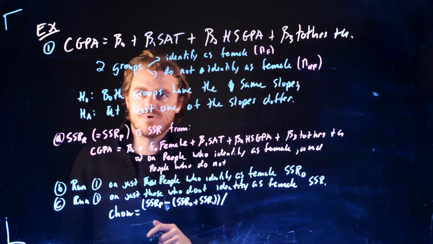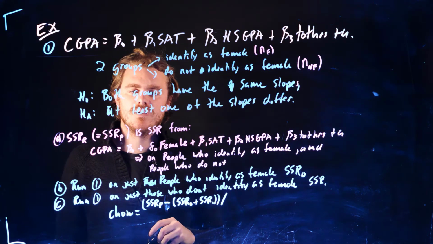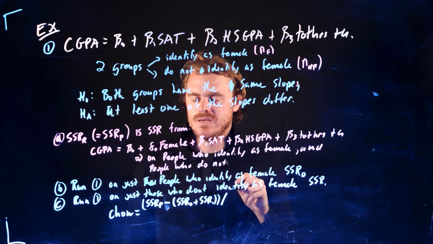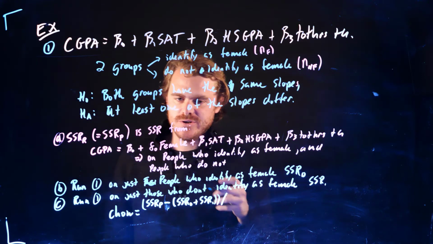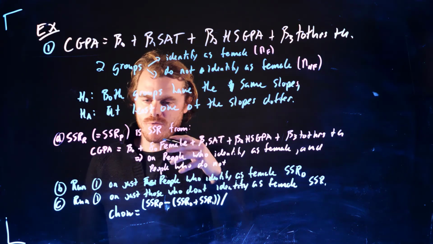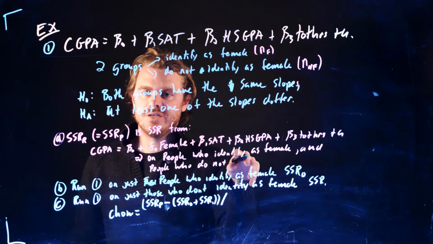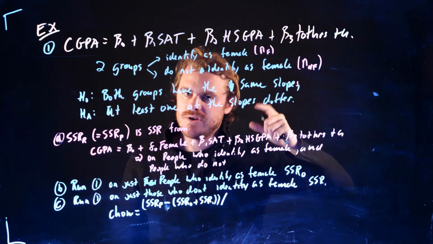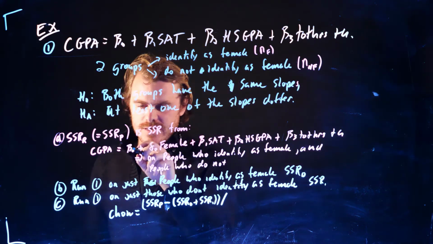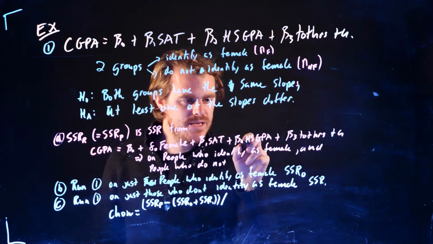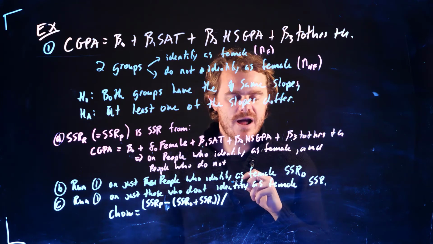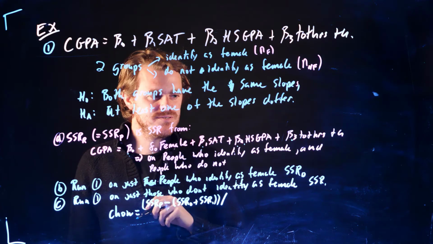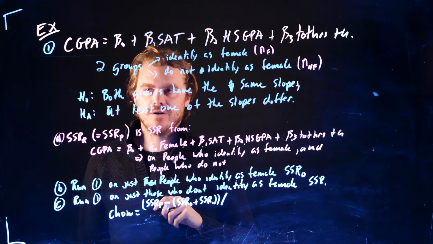Let's think about the number of restrictions now. Well, it's a little bit different than last time. One thing we could do is count up all the parameters in our restricted regression and all the parameters in our unrestricted regression. The difference between those is the number of restrictions. So here we have 1, 2, 3, 4, 5 parameters in our restricted model.